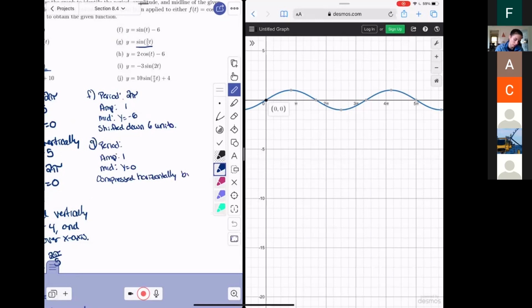Compressed horizontally by a factor of 3 and stretched horizontally by a factor of 5.